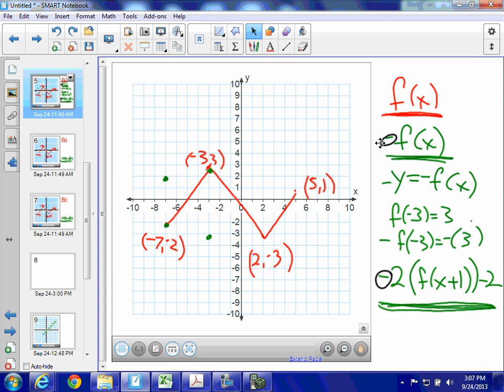I'm just flipping everything over the x-axis. So this point here is going to go up to positive 3. And this point here, which is at 1, is going to go to negative 1. So my first transformation is going to look like this. And as you can see, the graph has pretty much just flipped itself over the x-axis.